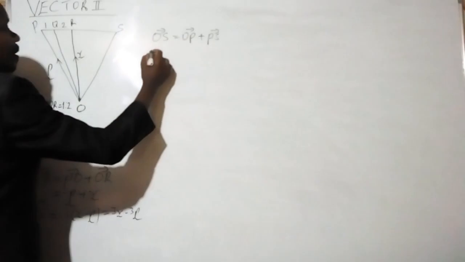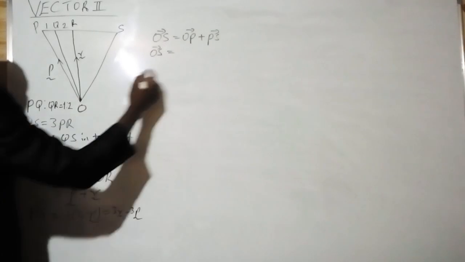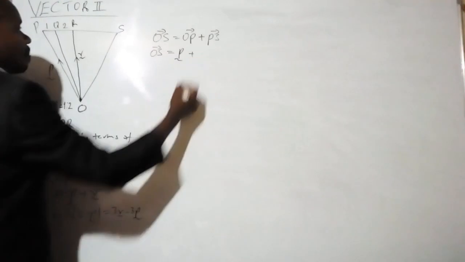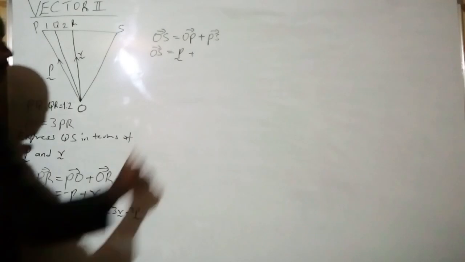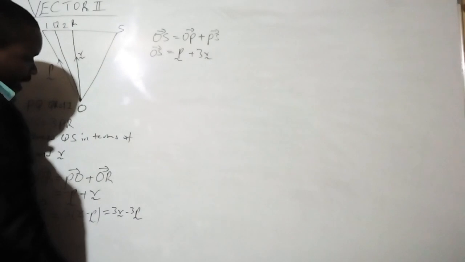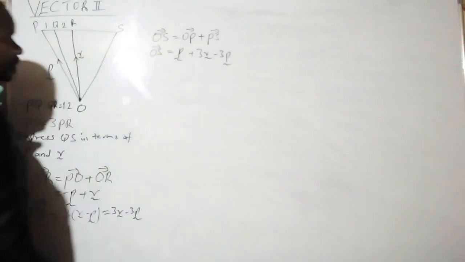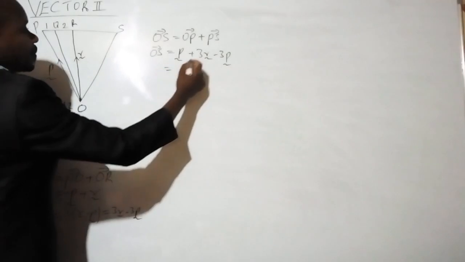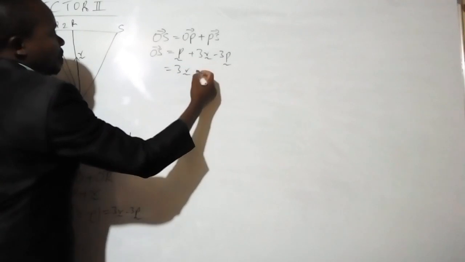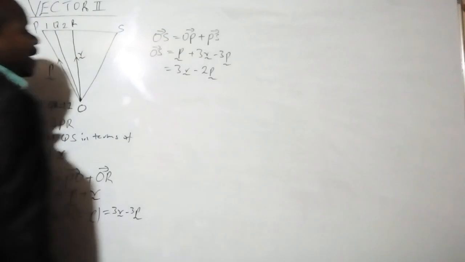OS will be OP, vector P, then plus PS. PS is here. We substitute 3 vector R minus 3 vector P, like terms. 3R, negative 3P plus P, it's negative 2P, and that is the OS.